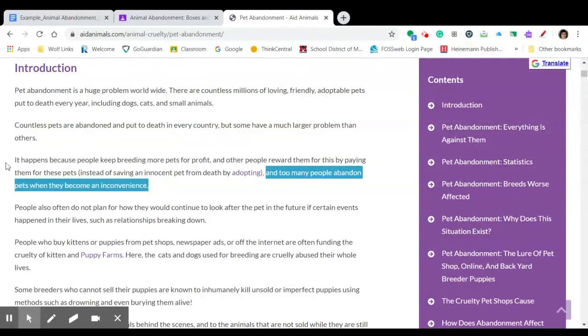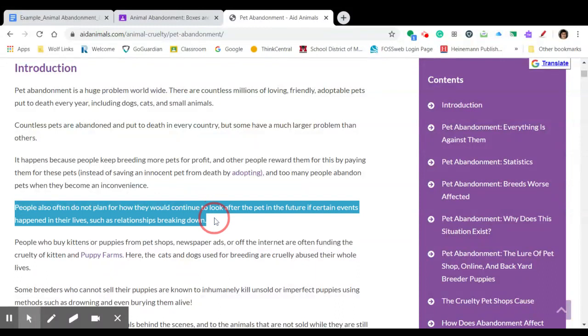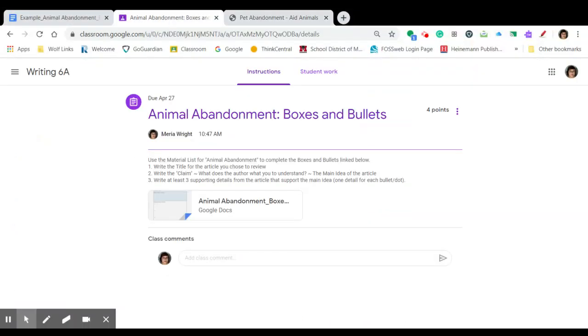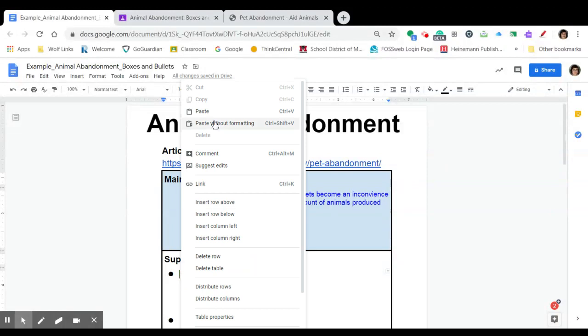We have people do not plan for how they would continue to look after the pet in the future if certain events happen in their lives, such as relationship breakdown. So I think that is a really good point that was made. So under supporting details, does that support animal abandonment happens when pets become an inconvenience? So right there is a supporting detail for that.